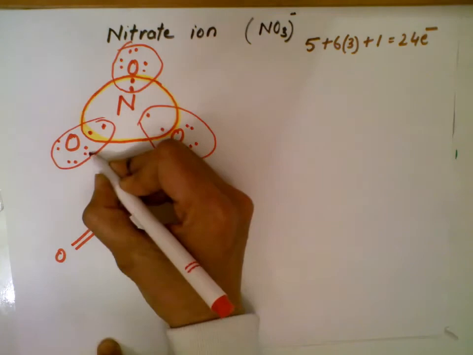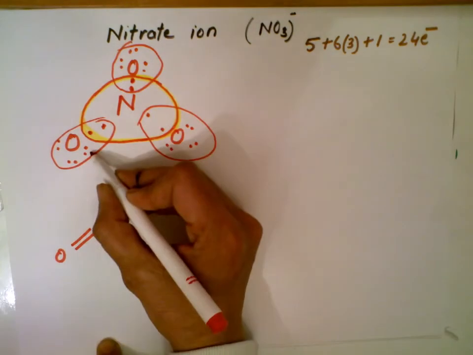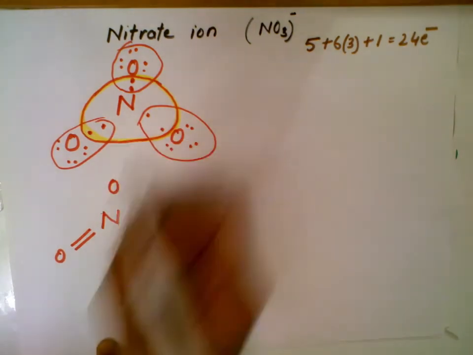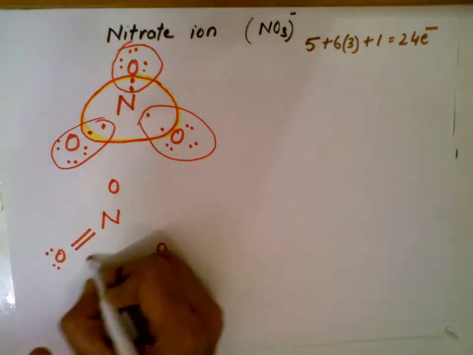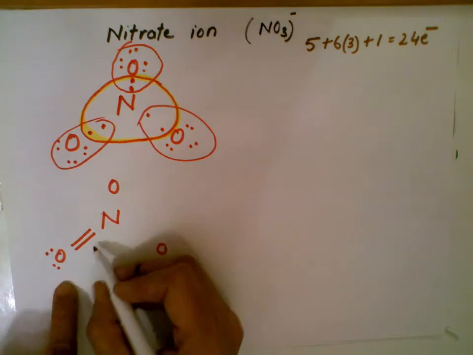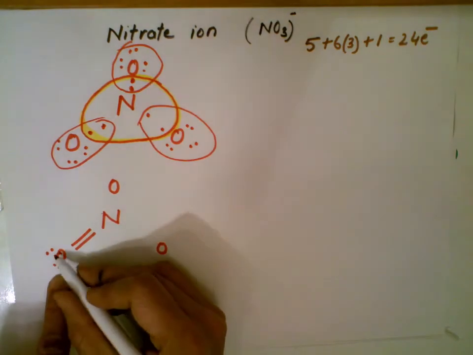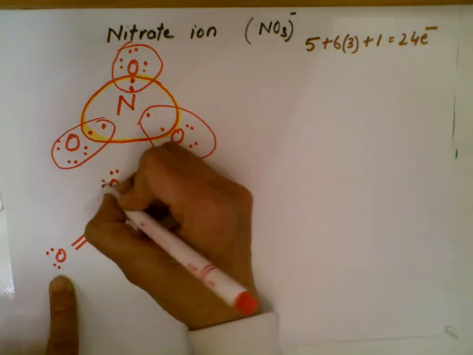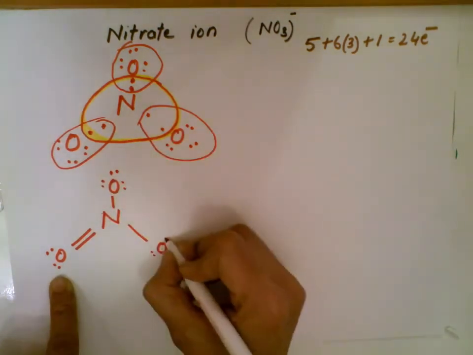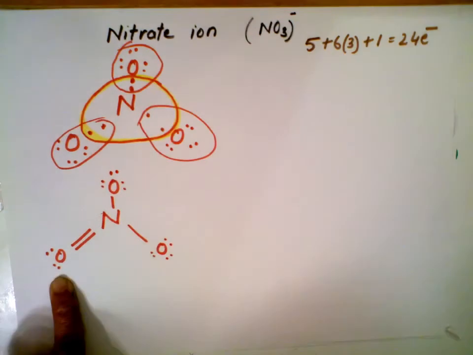We have to start from somewhere. So if we move this lone pair here, we will have a double bond here, right? And since I used one lone pair to make the double bond, I have only two lone pairs left here. The rest of them will have three lone pairs of electrons.